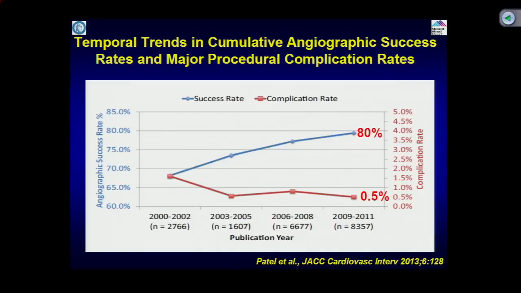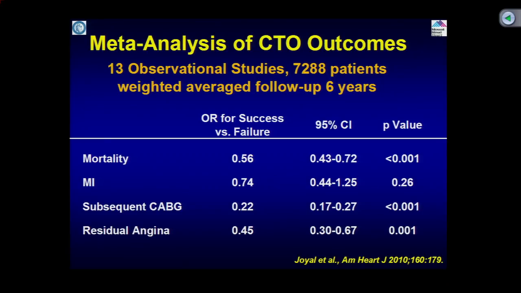Once you increase the success, and this is what has happened over the years, this is the latest data of about 80% success rate and a constantly declining complication rate, to 0.5%, from the CTO registry. We also know, as I mentioned, that success versus failure: successful will decrease mortality, MI, subsequent CABG and residual angina.